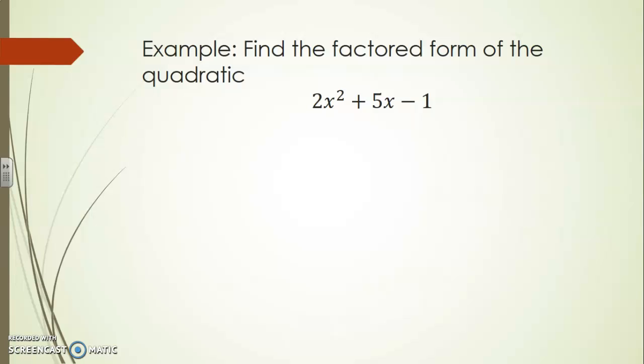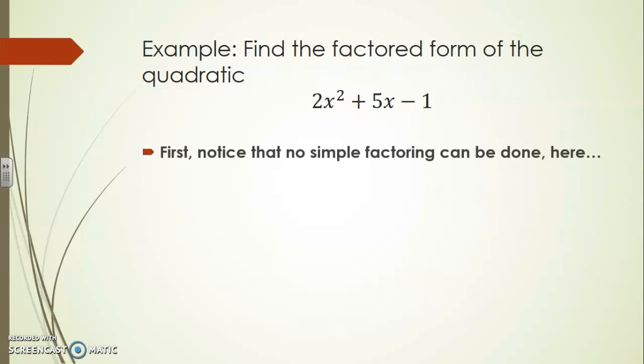Let's look at a more tangible example to see how these two approaches will lead to the same result. Find the factored form of the quadratic 2x squared plus 5x minus 1. First, let's notice that there are no common elements to 2x squared, 5x, and minus 1, and therefore no simple factoring can be done.